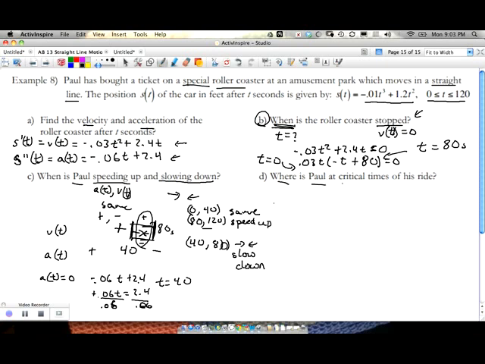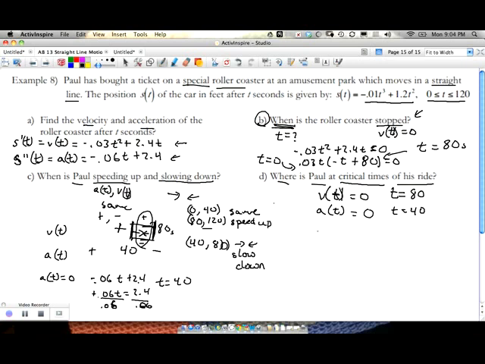Where is Paul at critical times in his ride? We're talking about when v of t equals 0 and when a of t equals 0. Well, we just figured this out. v of t equals 0 when t equals 80, and a of t equals 0 when t equals 40.